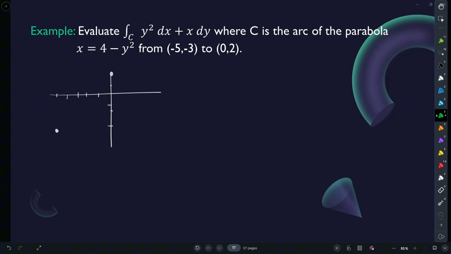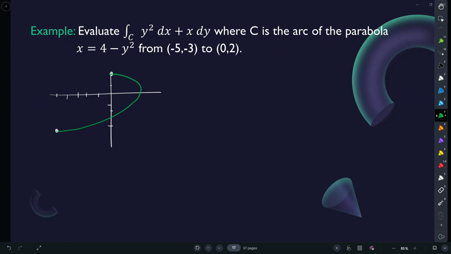What does this one look like? First of all, is this even true? When y is 2, x is 0. And when y is -3, 4 minus 9 is -5. So this is true. And this parabola is in the y direction, so it looks something like this.